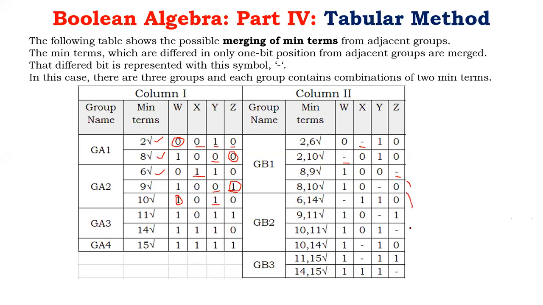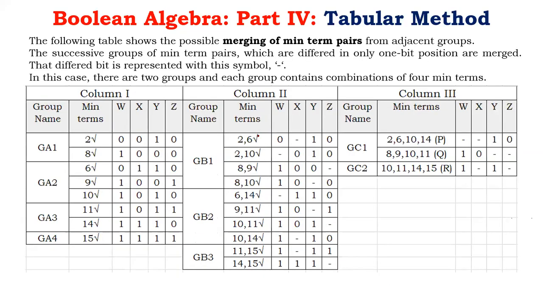These are the 1 bit position changes. Now again for G3 and G4, we will get GB3: 11 and 15, and 14 and 15. So here we have made step 2 and 3. Now go for another comparison, GB1 with GB2 and GB2 with GB3.